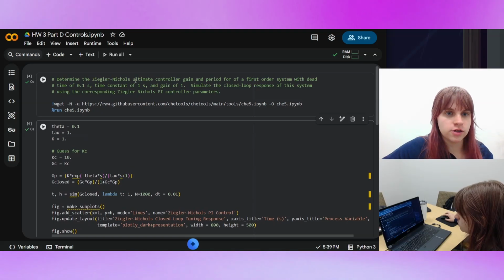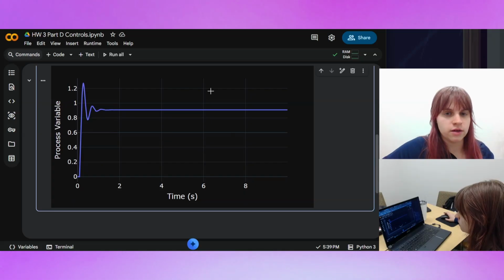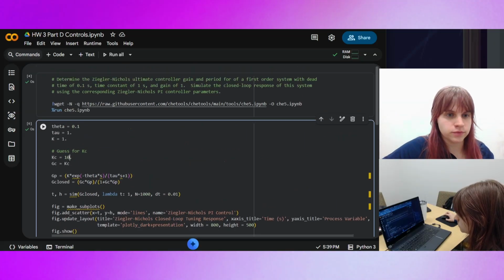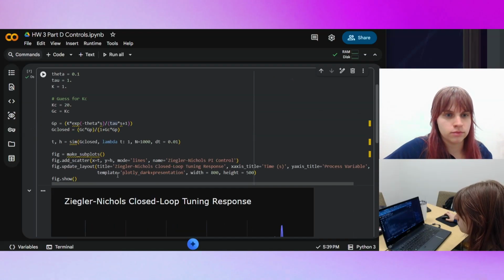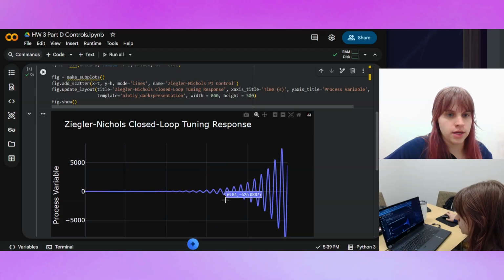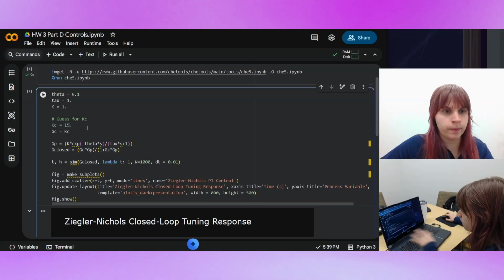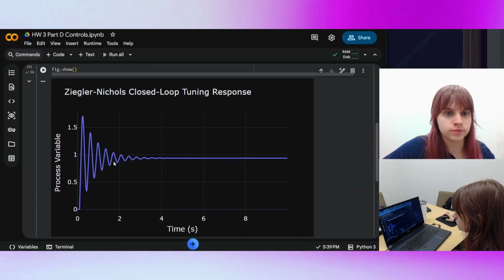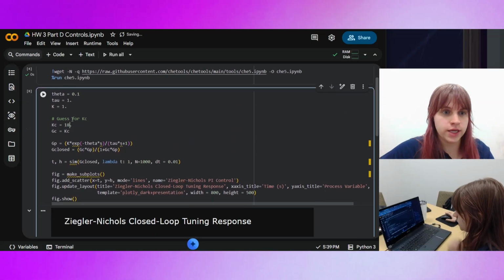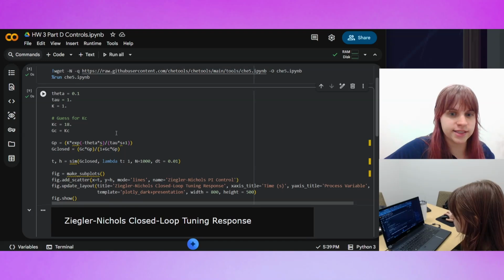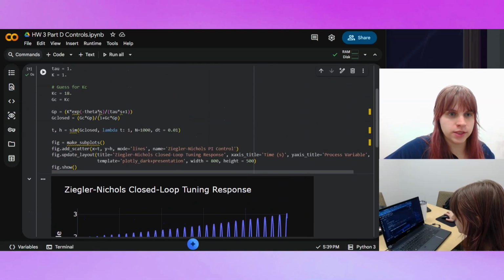So to find our ultimate controller gain, we need to find the point where we see continuous oscillations. So I'm going to increase this to 20. And that is not looking very continuous, so let's go in between to 15. And it's dying out, so it should be higher than that. We're going to guess 18 this time. So it's growing, and we want it to be kind of constant.